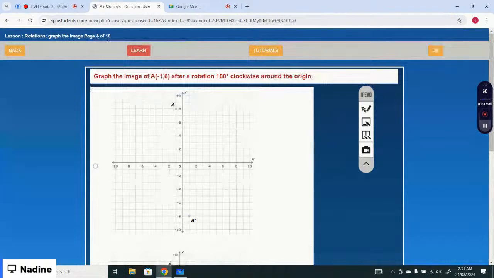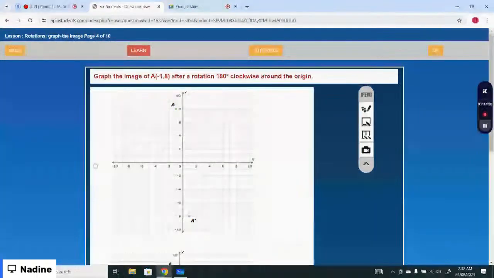Graph the image of A(-1, 8) after a rotation of 180 degrees clockwise around the origin. So which is the correct option? -1 and 8. You can see the options.